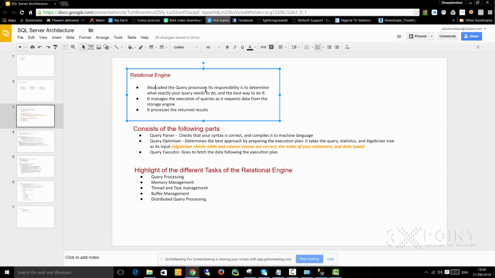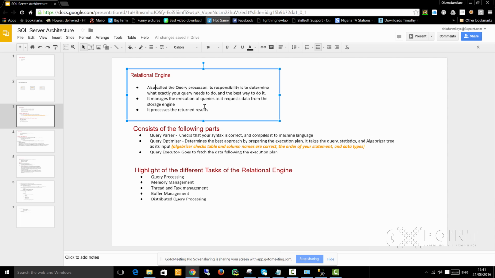All right, so now moving forward, the next one says it manages the execution of queries as it requests data from the storage engine. We'll go into the storage engine in a minute, but its job is to execute the query, not to return the data.